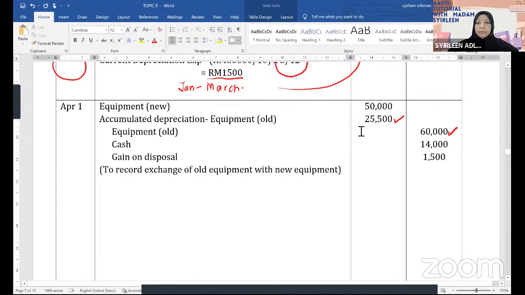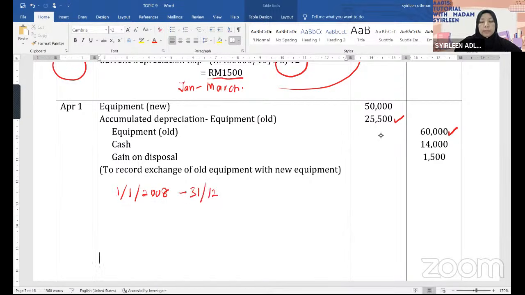Okay, 25,500. Aset you beli 1 hari bulan 1, 2008. Okay. So sampai 31 hari bulan 12, 2008. That is full 1 year. Okay. So this is 1 year.